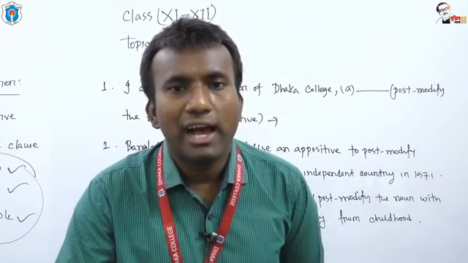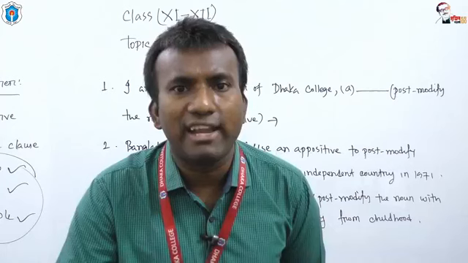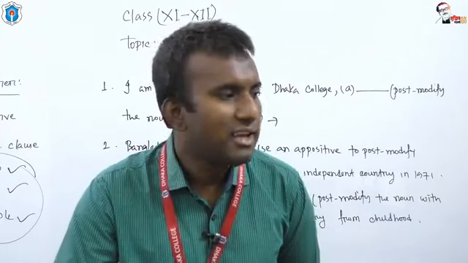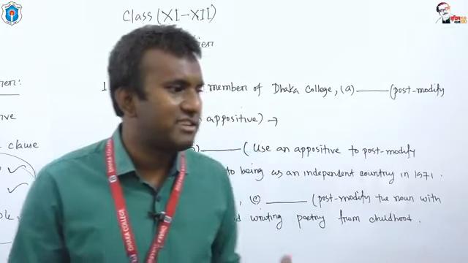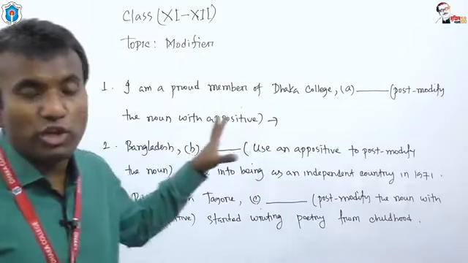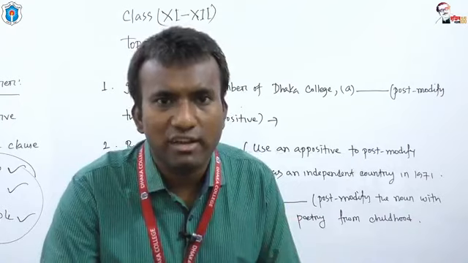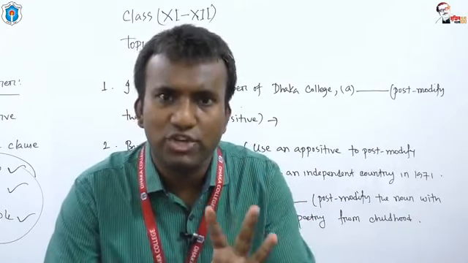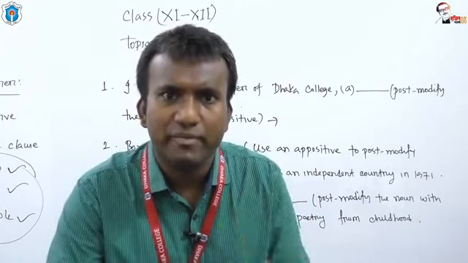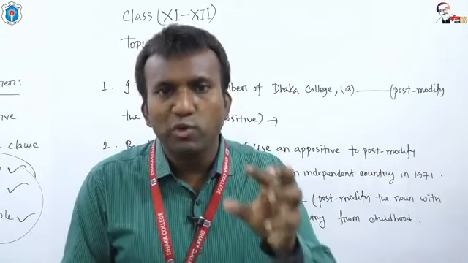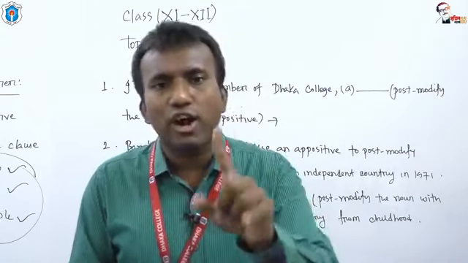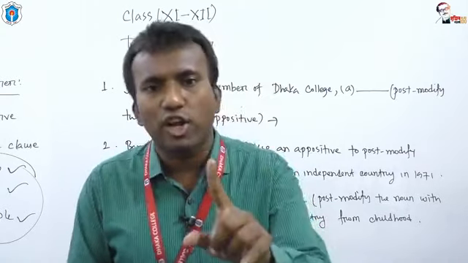You can say an education friendly institution. You can tell me a lot of answers. You can use a lot of appositives, but try to use a noun phrase. Don't use any tense or clause at the beginning of appositive.